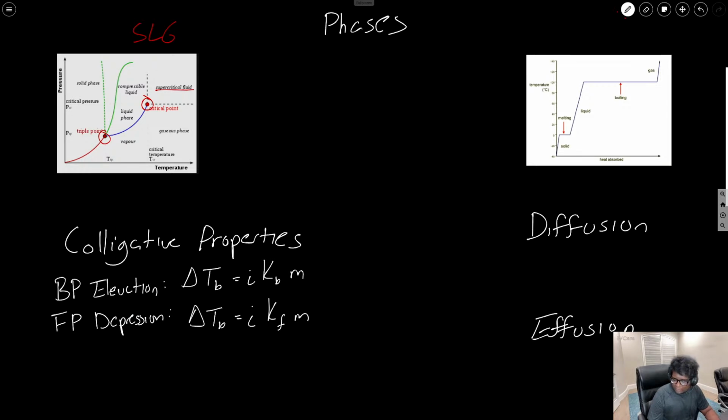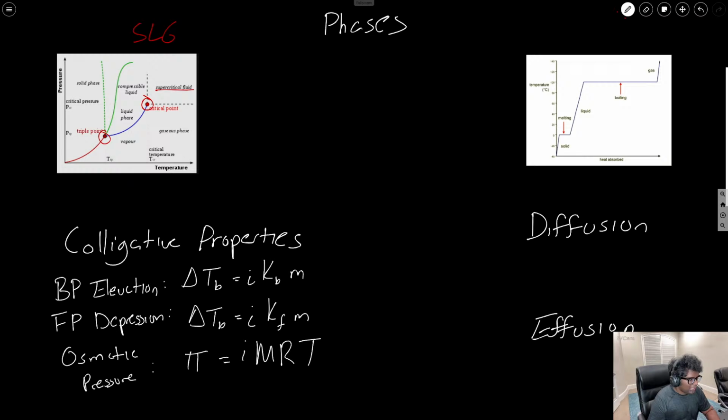Moving forward, let's talk about osmotic pressure. That's the important colligative property I want to talk about because this ties into biology, biochemistry, physics. This is very important. So osmotic pressure equals iMRT.